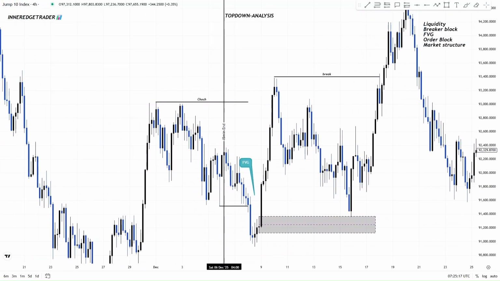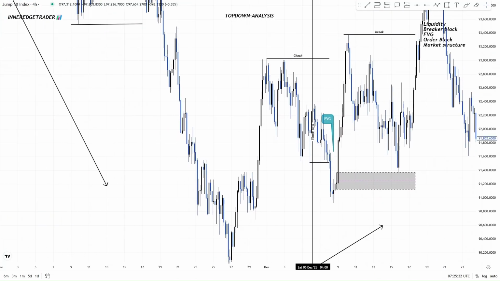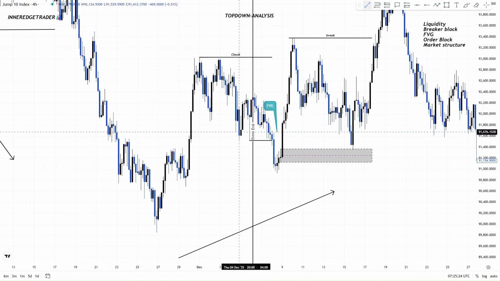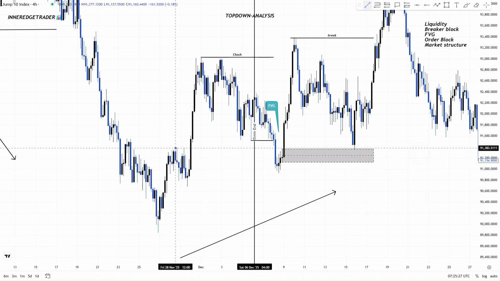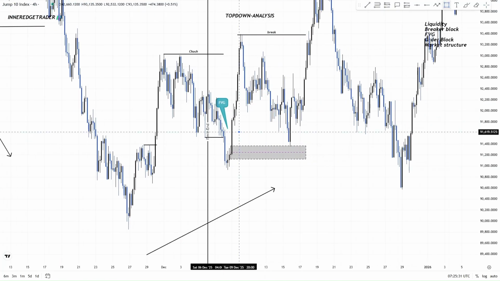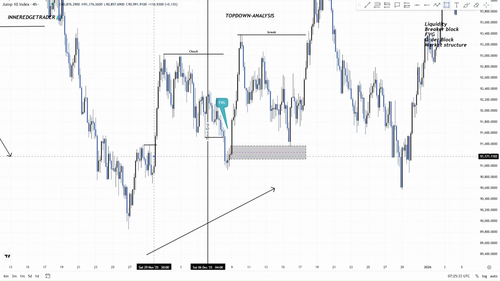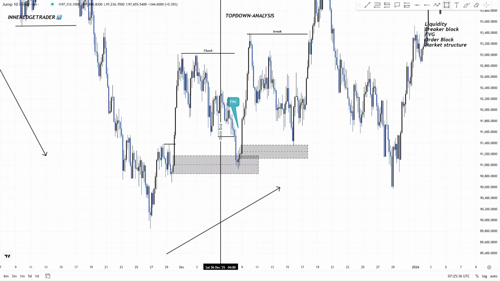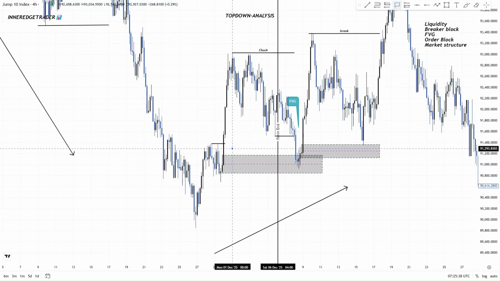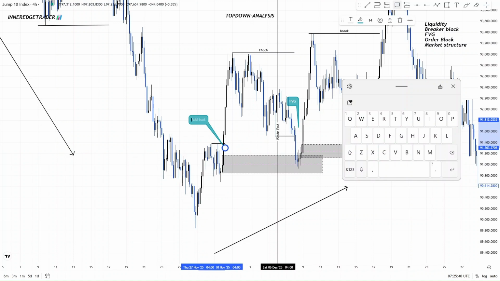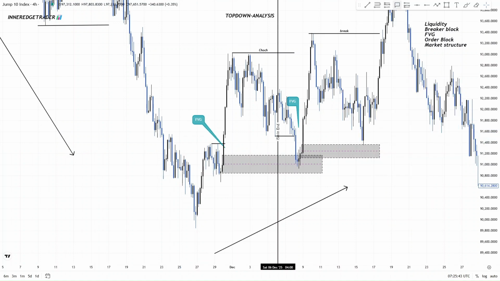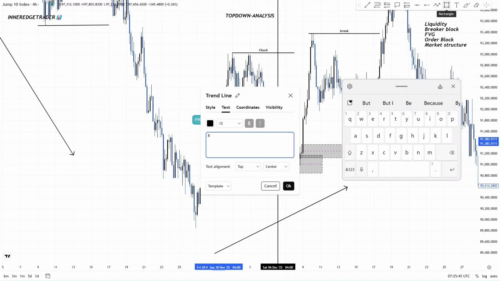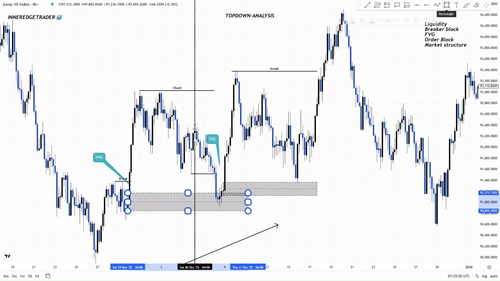So after a change of character, what you expect is a retake to the downside. I'm going to highlight all this. So you see how the market reacted previously to this zone, this fair value gap, your break that happens here, and your order block.